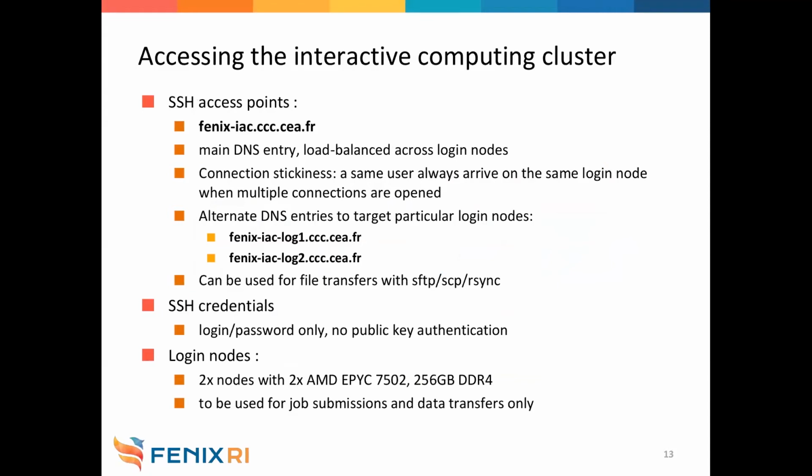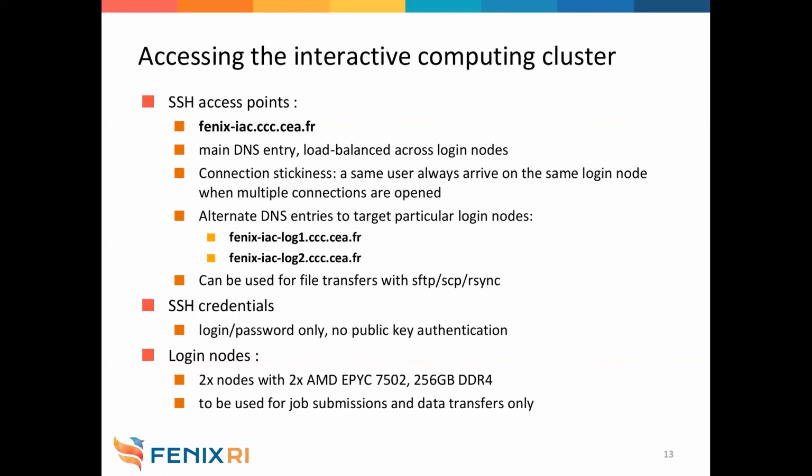To access the systems, here is the address: SSH to fenix-aic.ecc.ca.fr. When you connect to this address, there is actually a load balancing mechanism to ensure the load is fairly shared between the login nodes.